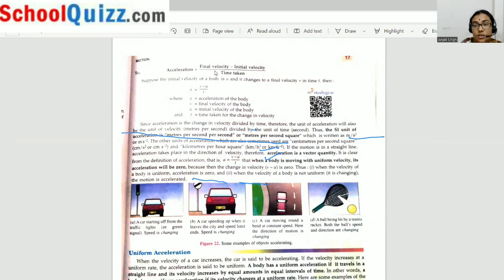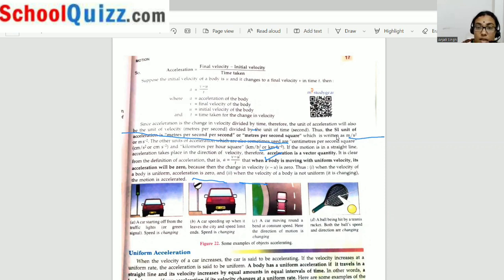Please keep in mind, final velocity is always represented by v, and initial velocity is always represented by u. Time, as you know, is represented by t. So the acceleration is v minus u upon t. That is the acceleration of the body. Acceleration means the change in velocity divided by time.